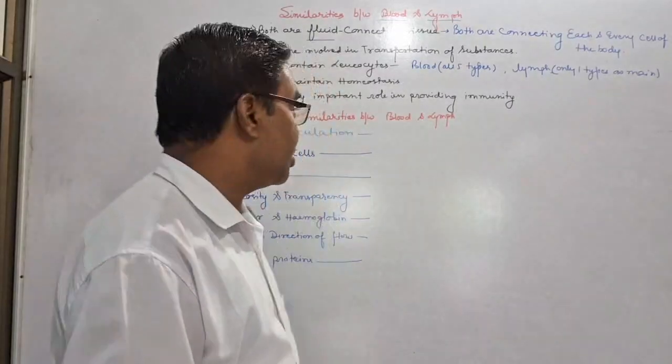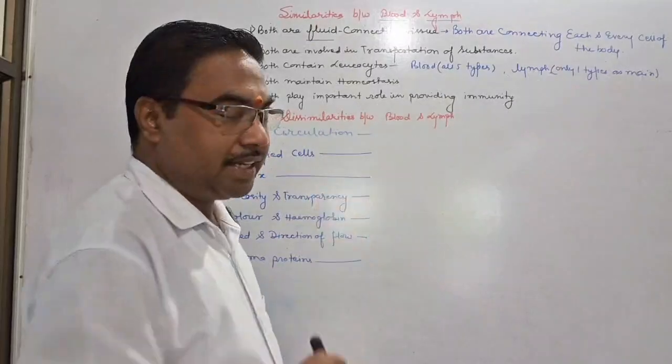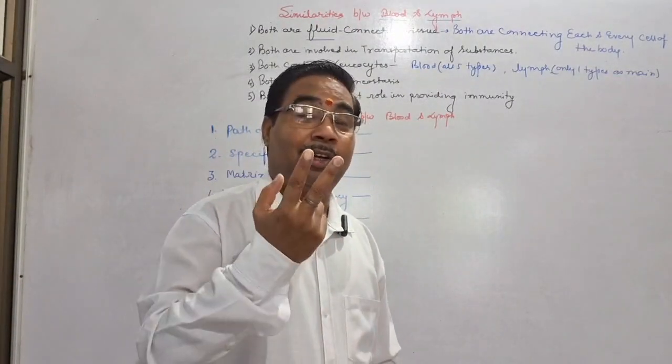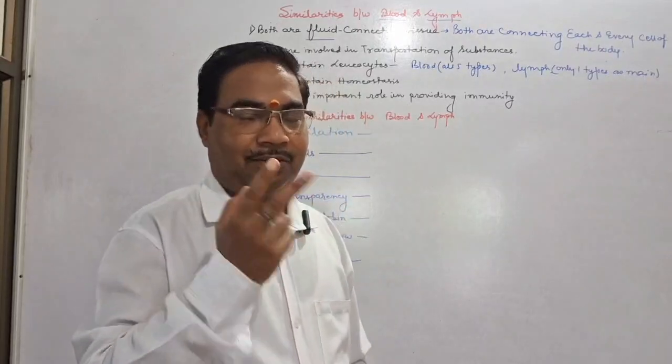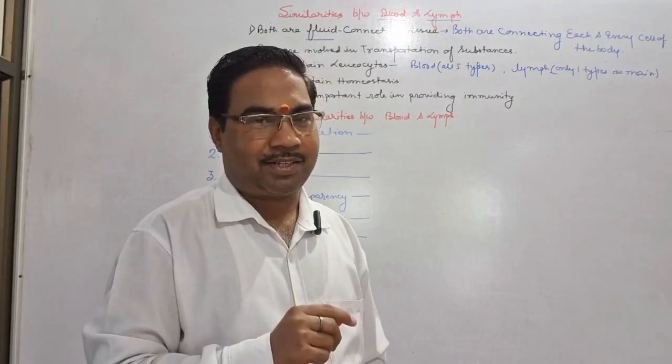So innate, internal power for protection is immunity. You can understand it in this way. The lymphocyte type of leukocyte is of two types: T lymphocytes and B lymphocytes.